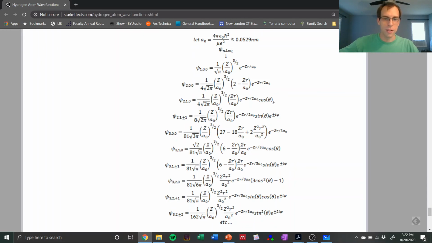But if we get to 2, 1, 0, we see we have a cosine theta in here, as well as this exponential term. And as we go down, as we have m equal plus or minus 1, we also get this imaginary exponential in here as a function of phi. And we see, right, these mathematical functions get more and more complicated, and we have different normalization factors out in front that get looking wackier, right?